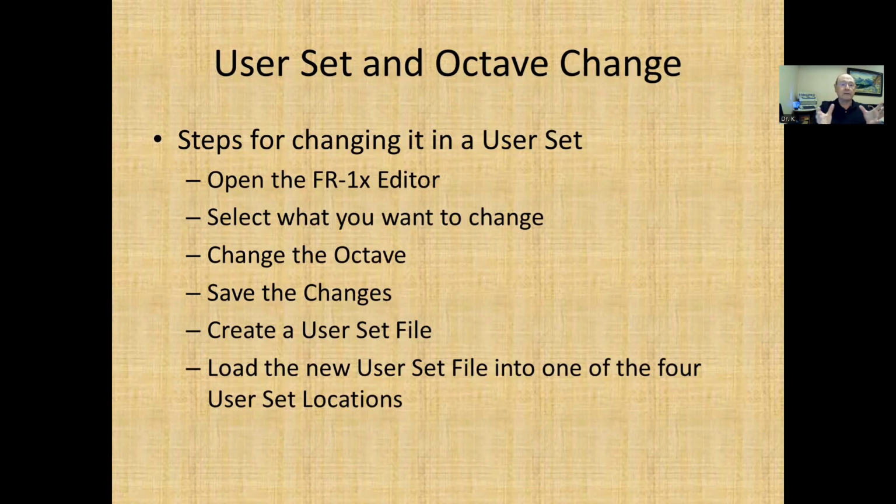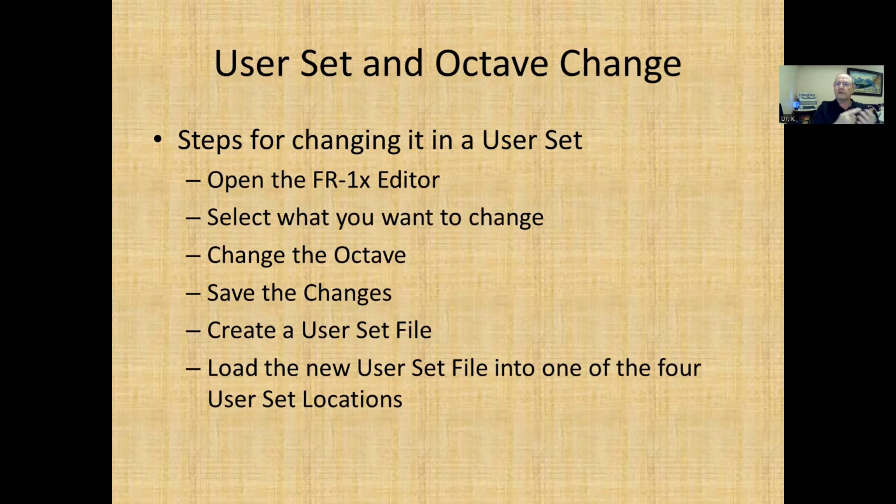If you're doing anything with a set, you're using the editor. So we're going to open the editor, select what we want to change, in this case the clarinet, and change the octave. I actually raised the octave, but you could lower it in here.